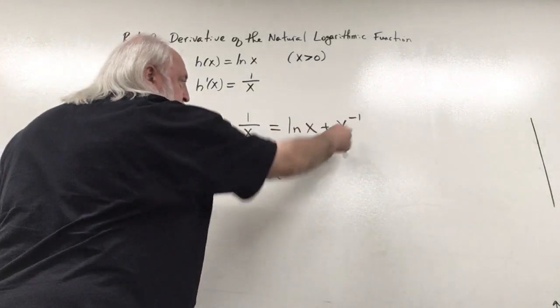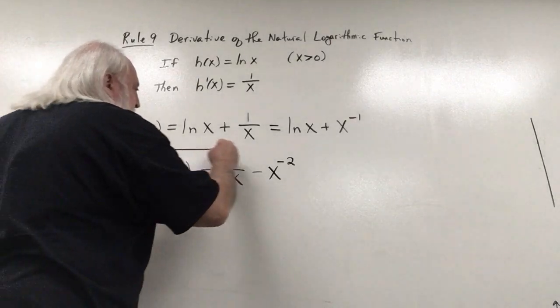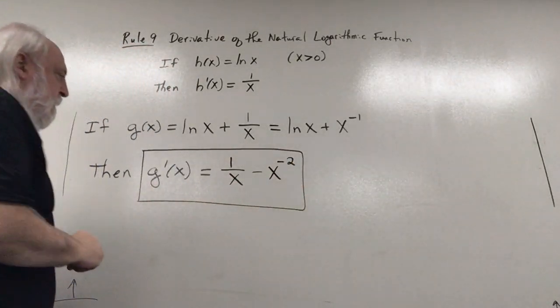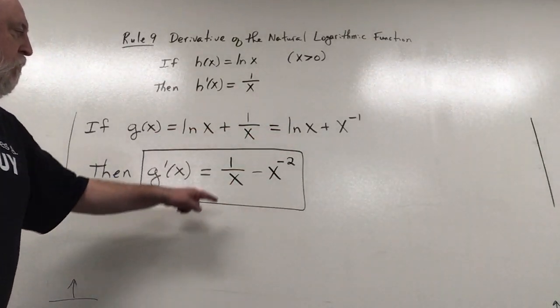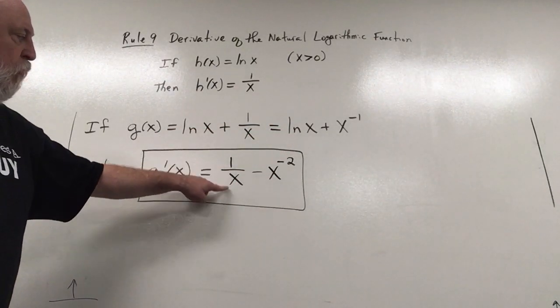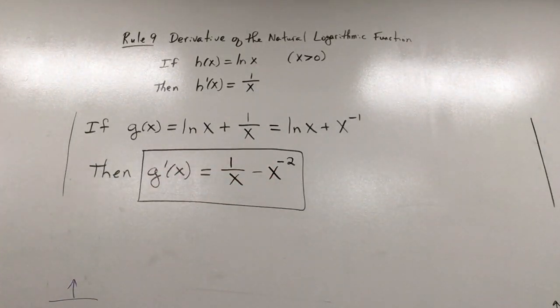And when we subtract 1 from the exponent, we have minus 2. So g prime of x is 1 over x minus x to the minus 2 power. And so that's the derivative of the natural logarithmic function in its basic form.